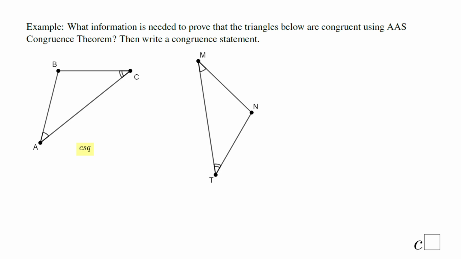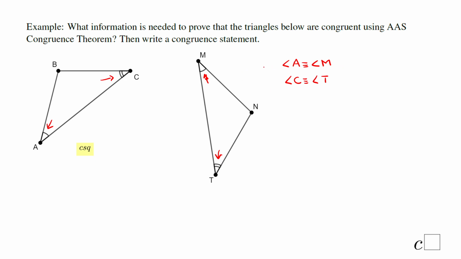So a very similar problem. What do we notice here? We have angle A congruent to angle M. We have angle C congruent to angle T. So we have the two angles in angle angle side.